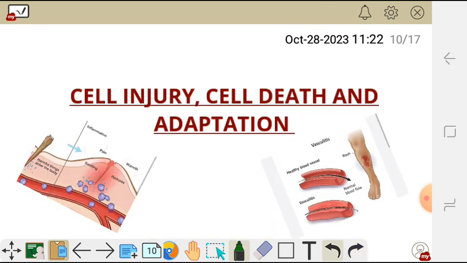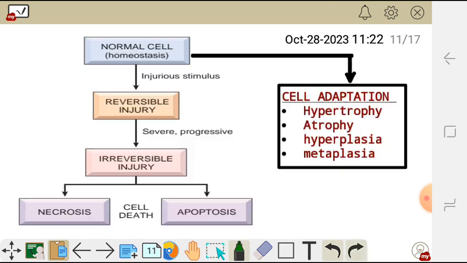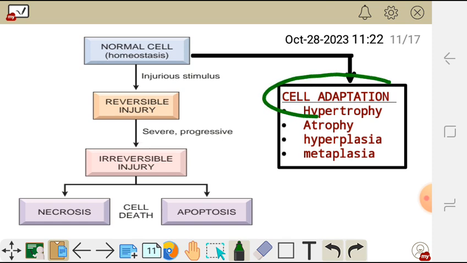So let's now move on to cell injury, cell death, and adaptation. But mainly we're going to focus on cell adaptation in this video. So we have a normal cell in the body. If that normal cell is subjected to a stress, that cell is going to adapt to that situation, to that environment.